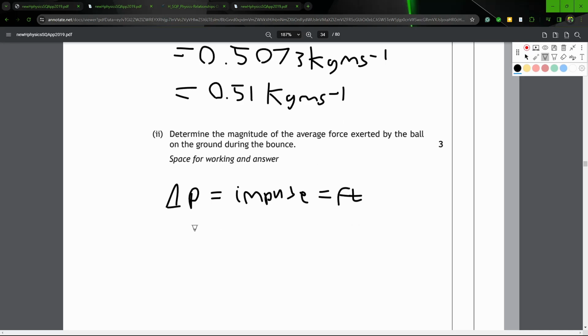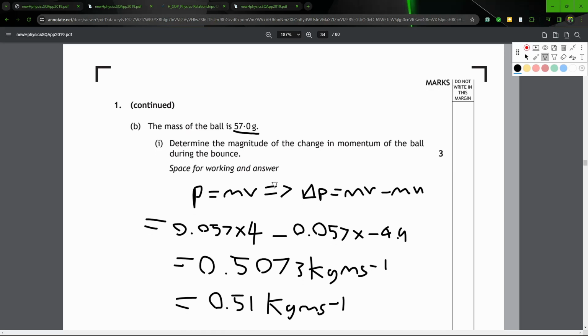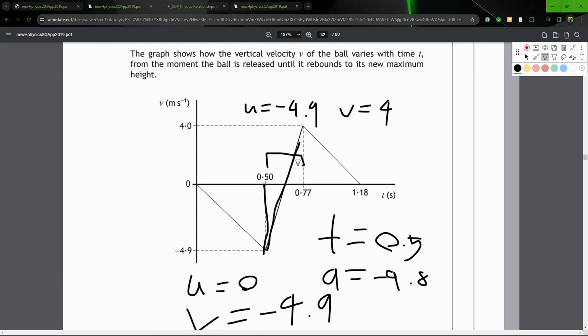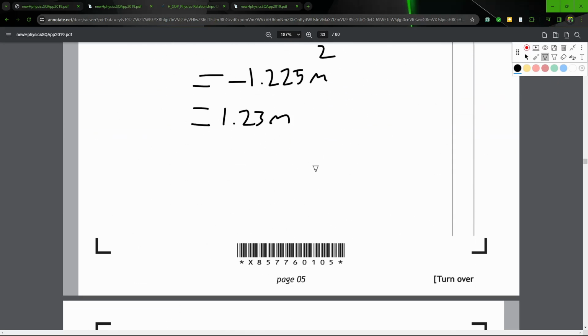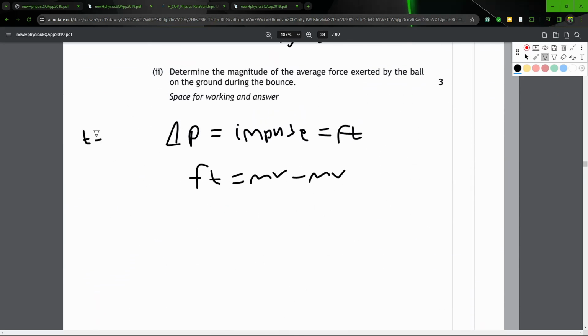So you can say Ft equals mv minus mu, which means that we already have time, but remember we're doing it in this section here. I'm sorry, there's quite a few lines going on now, so the time would actually be between 0.5 and 0.77, which means I'll go and just write off the side here.